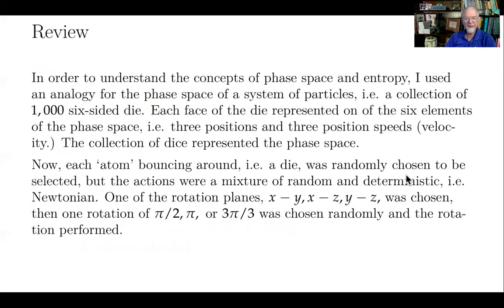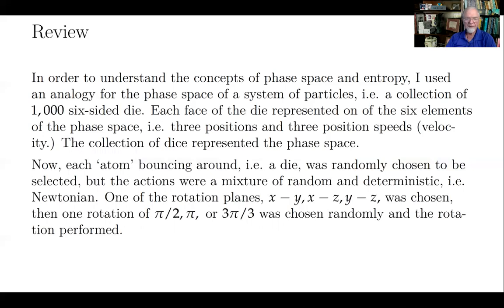So in order to understand the concept of phase space and entropy, we did probably one or two lectures on an analogy. Now, phase space of a system of particles is a collection of 6 numbers for every particle.